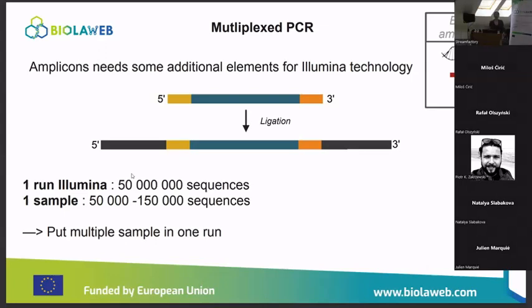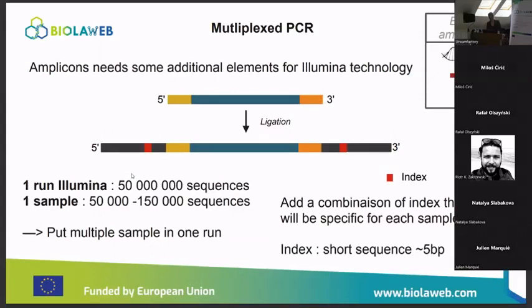So we will put multiple samples in one Illumina run. And to differentiate them, so you can discriminate whether a sequence comes from this sample or this sample, we put some index. An index is just a very small piece of DNA, ACTG, for instance, is index 1, ATTG is index 2, and you will have a unique combination for each sample.